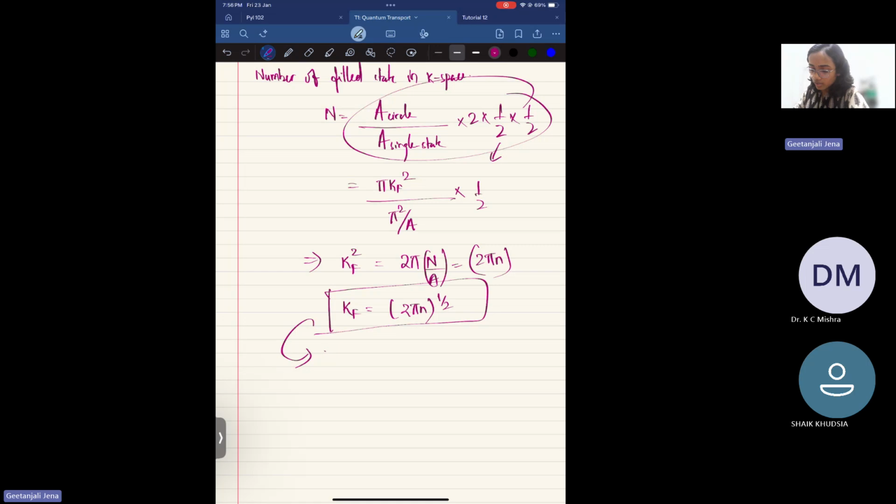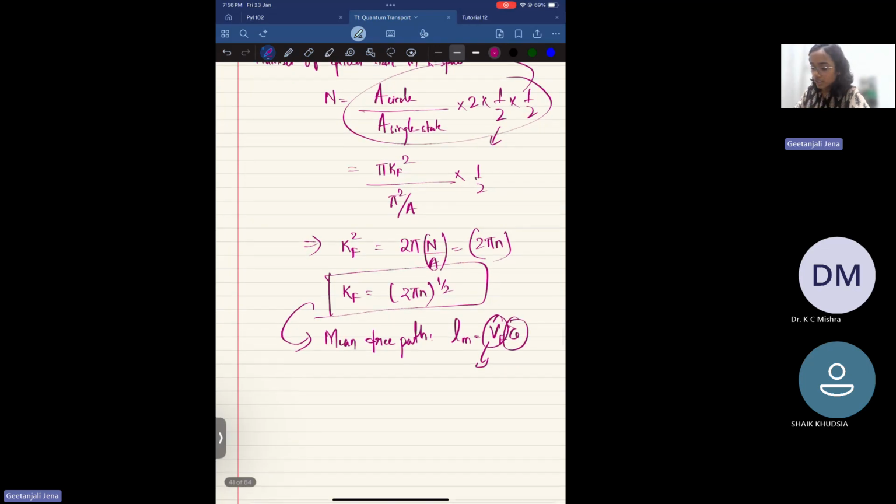Now we can easily find out the mean free path, right? If we recall, the mean free path lambda m is Vf tau. To calculate it, you first need to find out Vf, the Fermi velocity, then calculate tau. From that, you can calculate Lm.